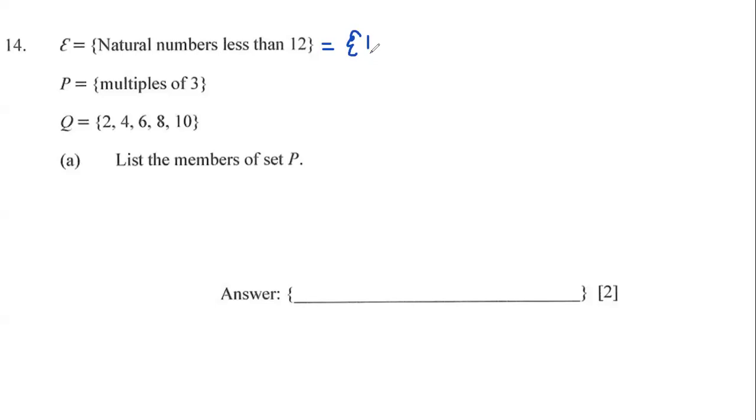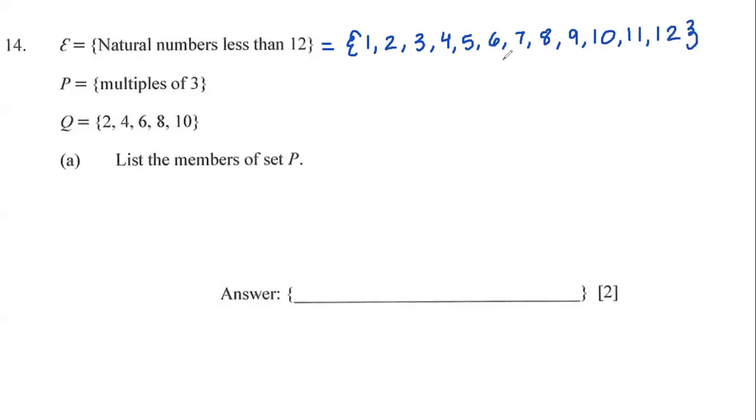Okay. All right. So we have 1, then 2, then what? Then 3, then 4, then 5, 6, 7, 8, 9, 10, 11, and what? 12.